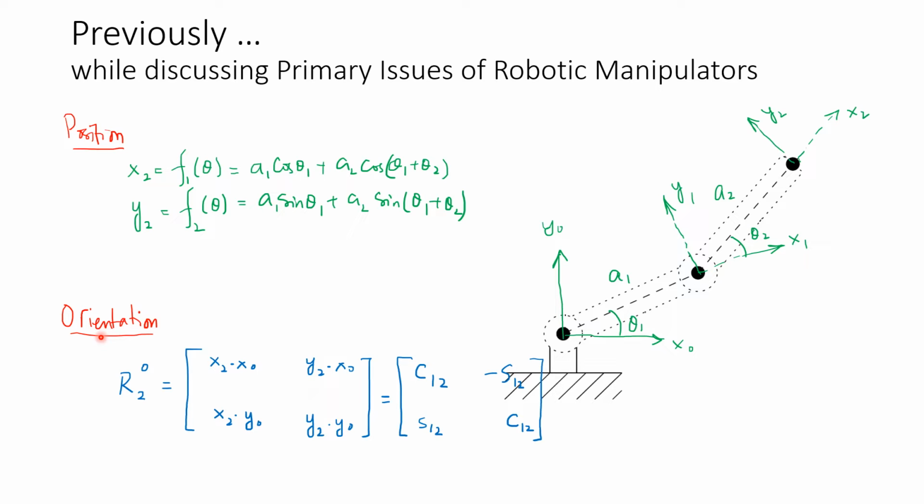So in that context, I wish to find one particular formulation which combines the two, and that would be what we call homogeneous transformation. So combining the position and orientation together, you are going to find homogeneous transformation to be a matrix. This matrix is going to be a 4 by 4 matrix.